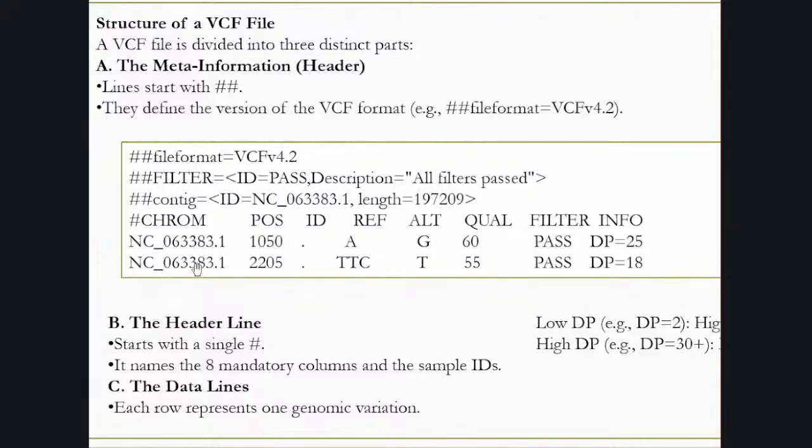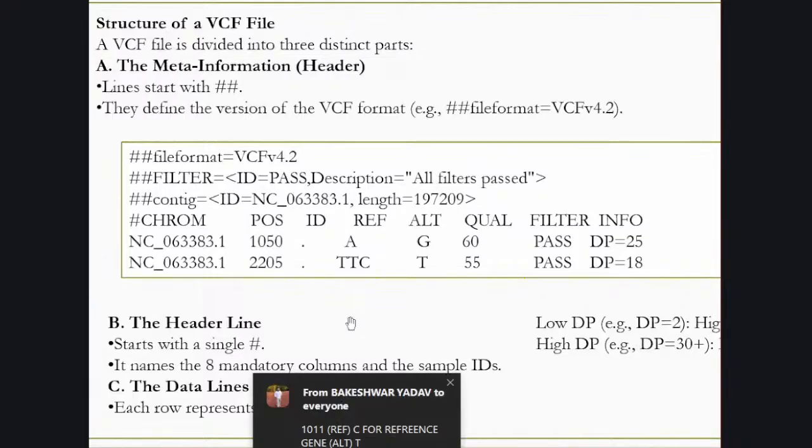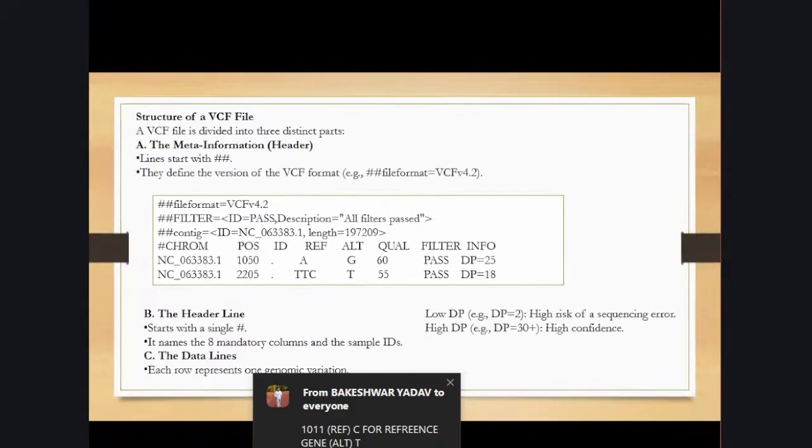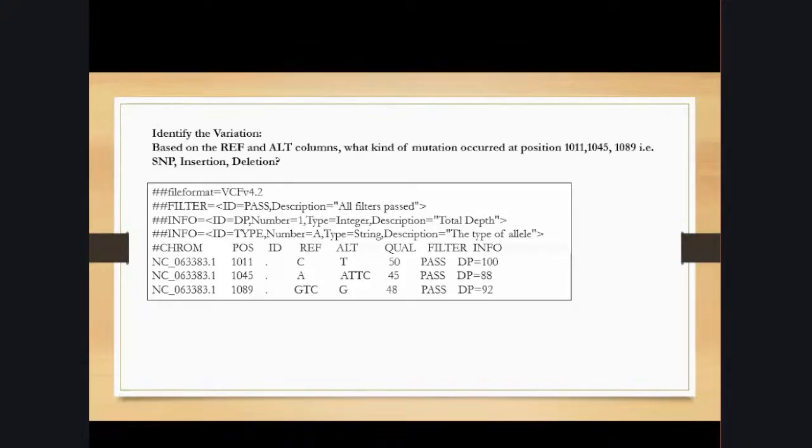So here you can see there is an alteration from reference to alt. On the basis of this, can you answer me this question? Now you can answer in the chat box. If you still have some query, you can ask.